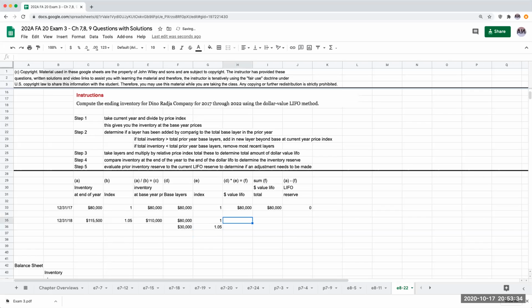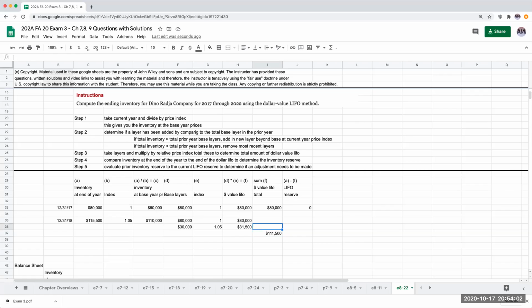So the inventory under dollar value LIFO is going to be 80,000 times 1, and then 30,000 times 1.05, or 31,500. When I add up these two amounts, this gives me 111,500. So this is my inventory at dollar value LIFO.